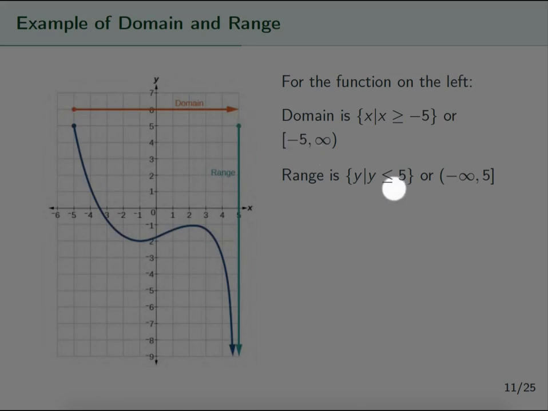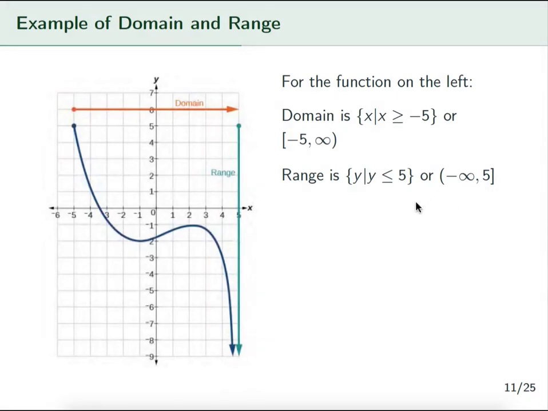So in set-builder notation, we have y such that y is less than or equal to 5. So all the numbers less than 5, including 5. And in interval notation, -infinity to 5, and the bracket means including 5. So we need to be able to express domain and range in both notations, set-builder notation and interval notation.